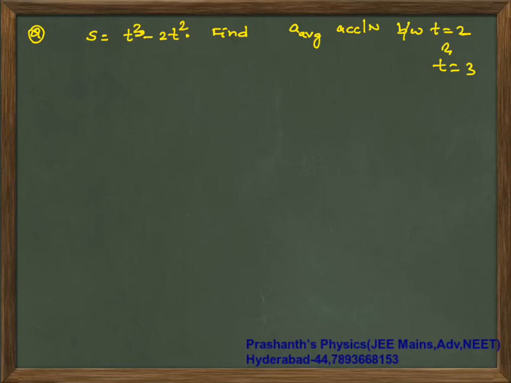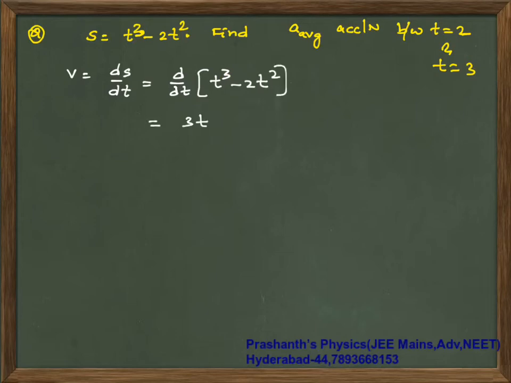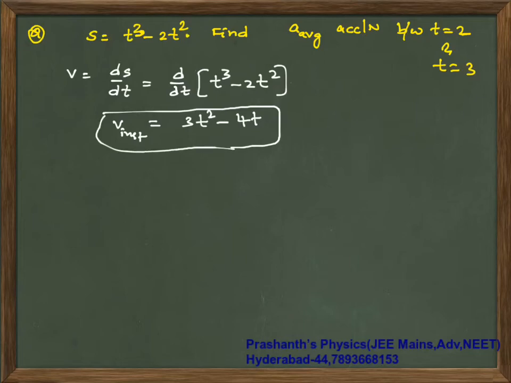Now there is no point in calculating average velocity. Directly calculate V first. V is equal to ds by dt, that is equal to d by dt of t cube minus 2t square. That will give you 3t square minus 4t, the instantaneous velocity. Once you get the instantaneous velocity, your A average is V2 minus V1 by t2 minus t1.